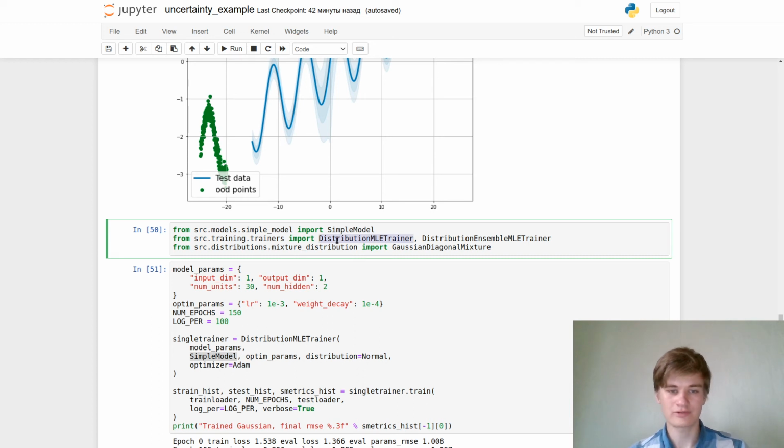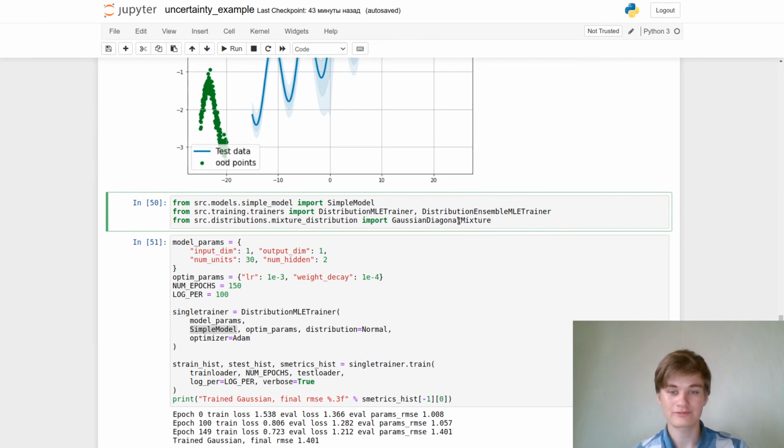We have also a distribution maximum likelihood estimation trainer and distribution ensemble trainer. These are two classes with methods that are helpful to work with models. They have some train steps, some metrics calculation methods, and so on. If it is interesting for you, you can check it in the repository.